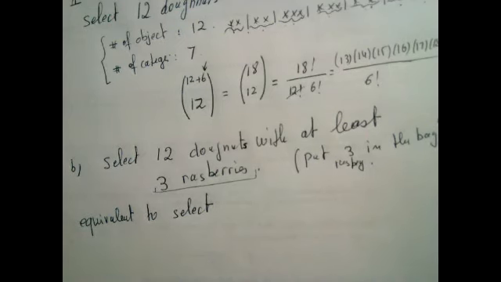Rachel, what are you thinking? Are you with me? Yeah, I am. If I want at least 3 raspberry, I take those 3 raspberry, I already put them in my bag, I'm done with them. So now you have to fill in the remaining spaces, not including the category separators.